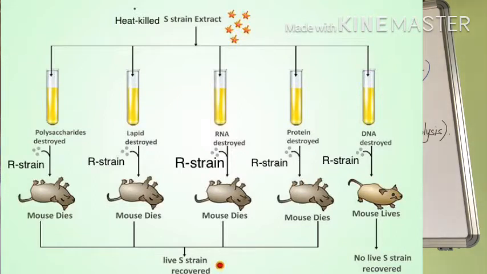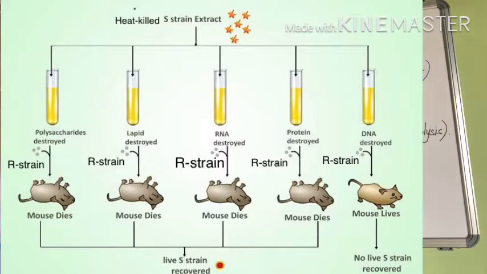In the third experiment, RNases were added to eliminate RNA. In the fourth experiment, proteases were added to eliminate proteins. And in the fifth experiment, DNases were added to eliminate DNA. Such pre-treated heat-killed S strain bacteria was then mixed with live R strain bacteria and injected into separate mice.